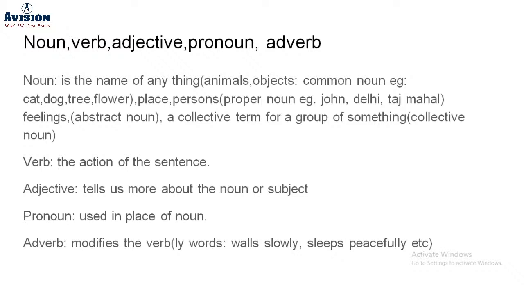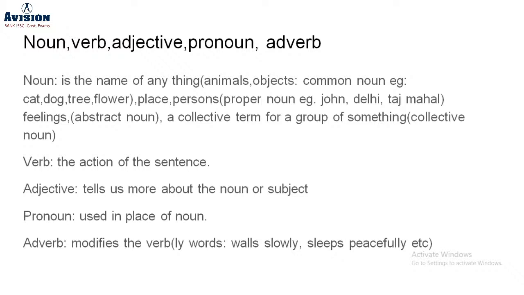Nouns are the name of anything, which can be animals, objects, and any other random articles. They are usually known as common nouns. In the sentence, for example, I saw a cat, cat is a common noun. Dog, tree, flower, these are all normal common nouns.